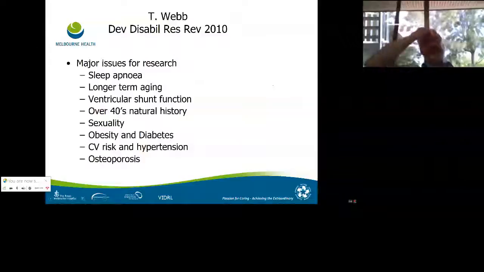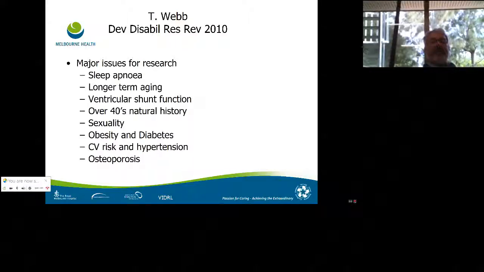According to Webb, the major issues for research are in terms of sleep apnea, given its issues, longer-term ageing, both in this and in the spinal cord issues, those associated with ventricular shunt functioning, and how important that is, especially as adults, because some patients are far more reliant on their shunts than when they're young.